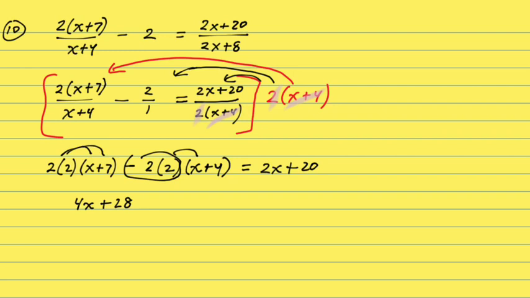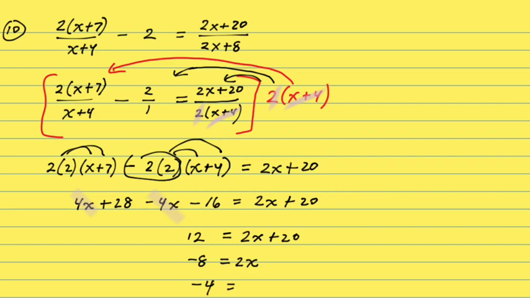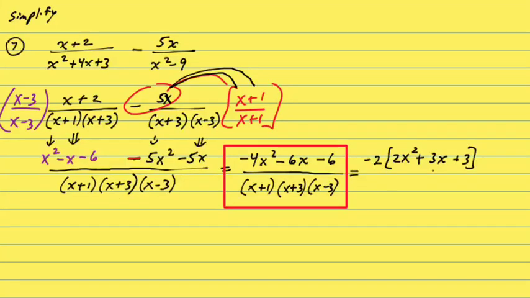Negative 4 times x is negative 4x. Negative 4 times 4 is negative 16. And let's see what we can do with this equation. 4x and negative 4x add to 0. 28 take away 16, I believe, would leave me with what? 12. 2x plus 20. Subtract 20 and divide by 2. That gives me, okay, 7.